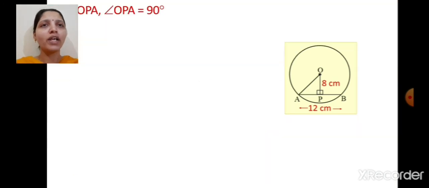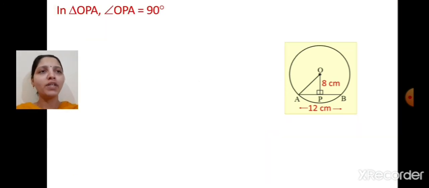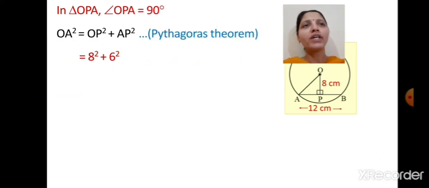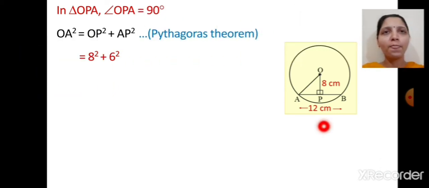So let's see, in triangle OPA, angle OPA is equal to 90 degree. So by using the Pythagoras theorem, OA square is equal to OP square plus AP square. Let's substitute the values. OA square is equal to OP square is 8 square plus AP square is 6 square.